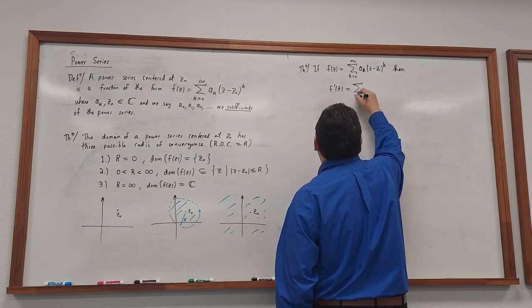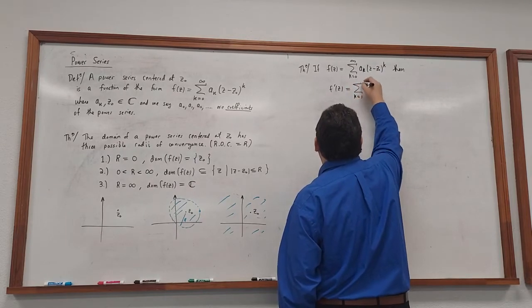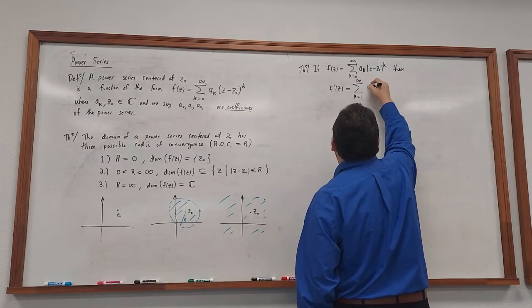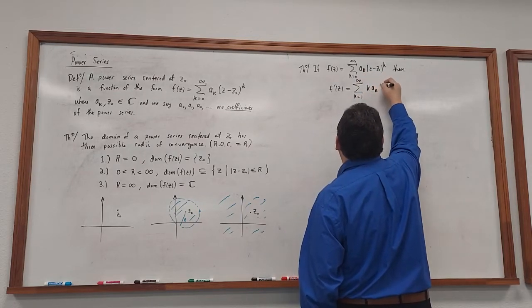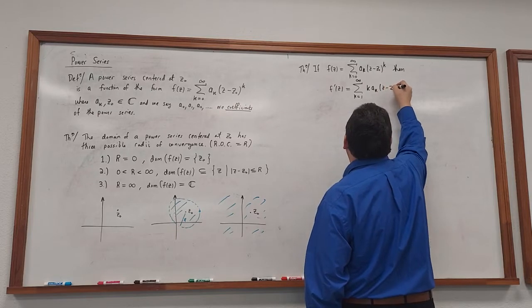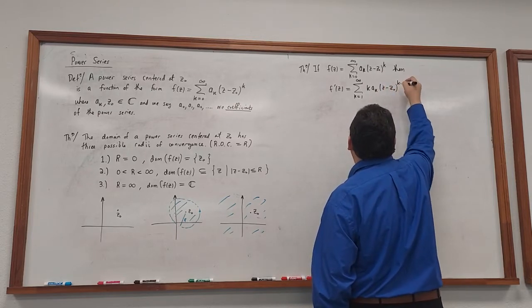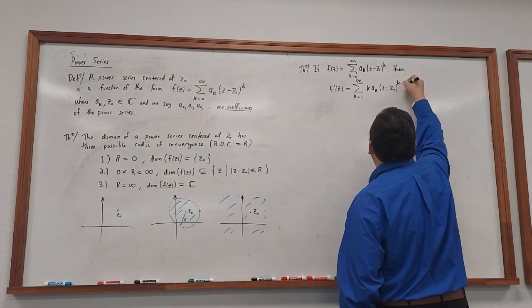So it's the sum, k equals 1 to infinity, of k a sub k times (z minus z naught) to the power k minus 1.